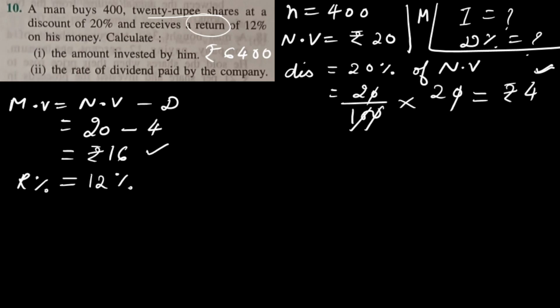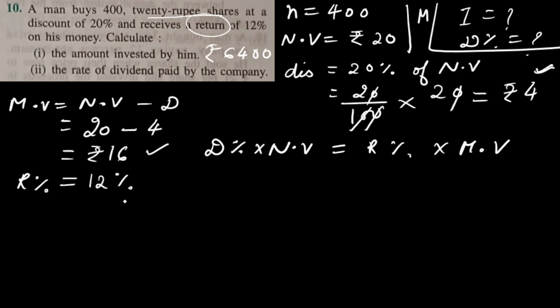What next part do we have to find? Dividend percentage, right? So that means dividend percent we have in two formulas, right? But here we have return percent also. That means we will use this formula: dividend percent into nominal value is equal to return percent into market value, right?